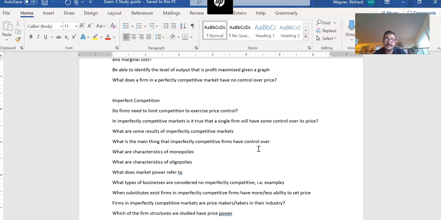Okay, what are some results of imperfectly competitive markets? So this is trying to get you to see that it's very, very different relative to a perfectly competitive world. Okay, so what do we see here? We see that they reduce the amount of output relative to perfect competition. They charge higher prices than they would in perfect competition.